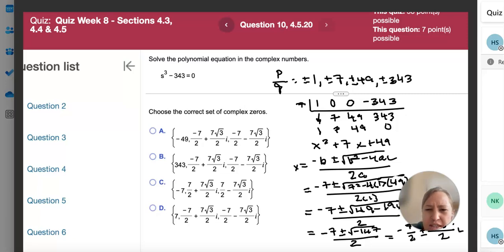And we already know that 7 is a 0, and so therefore our answer would be D, because we have 7, negative 7 over 2 plus or minus 7 square root 3 over 2 i.